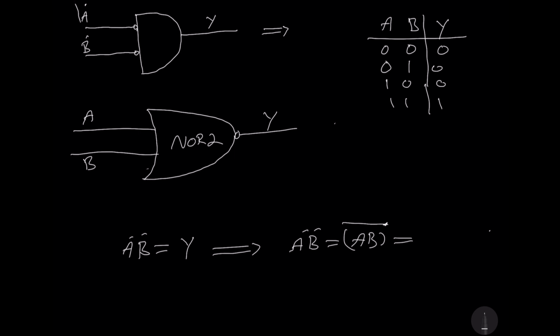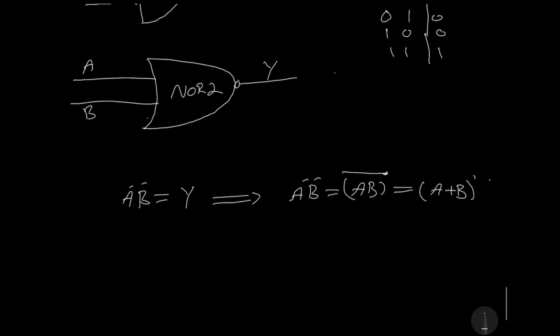We have a law that we can write this as A plus B, not. We say A or B and all together is not. So we know this is an OR gate, but this is inverted.